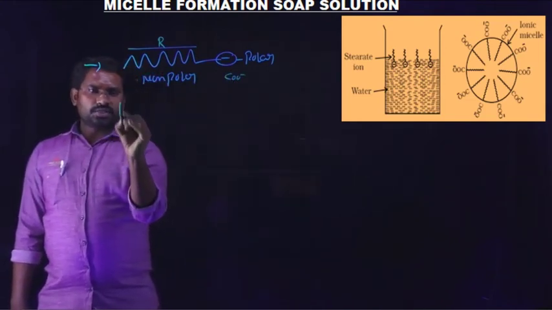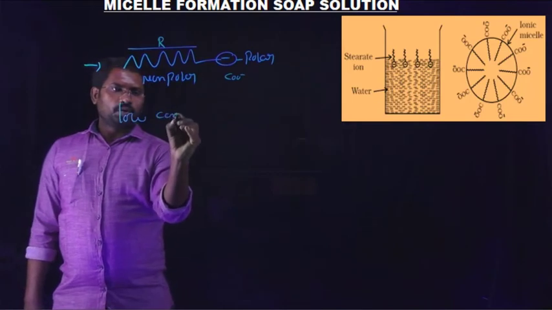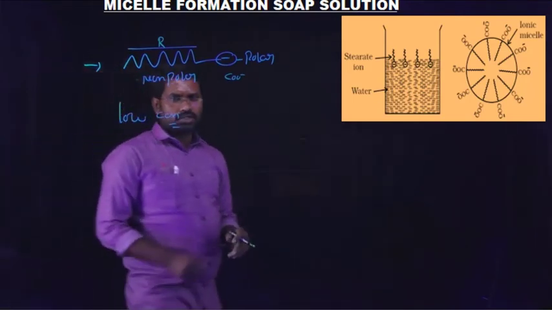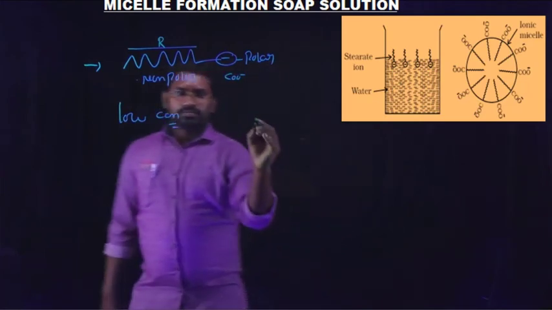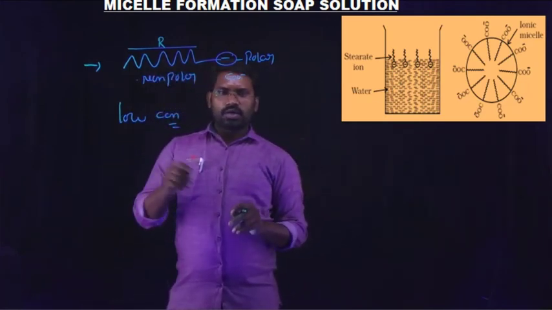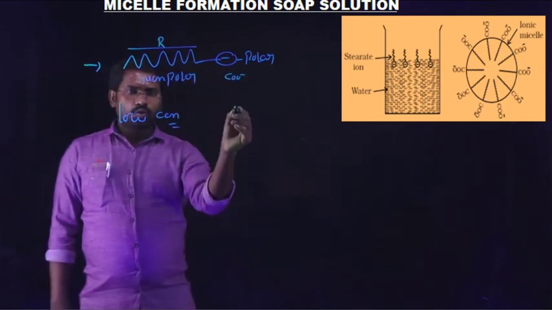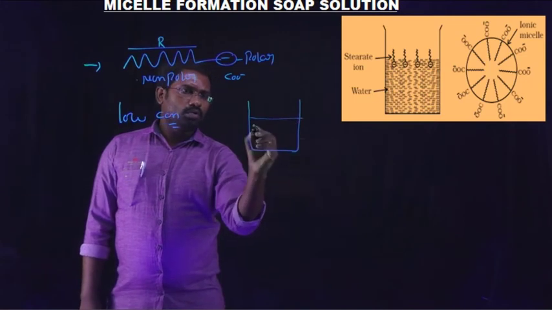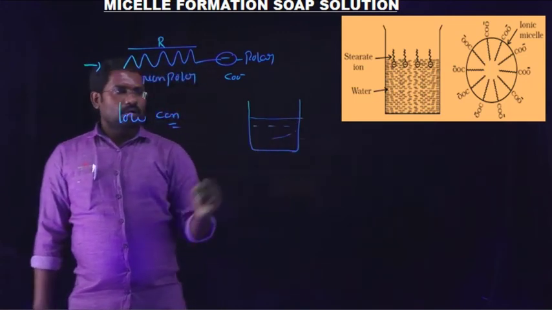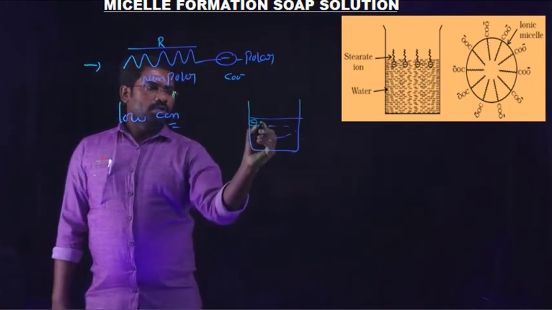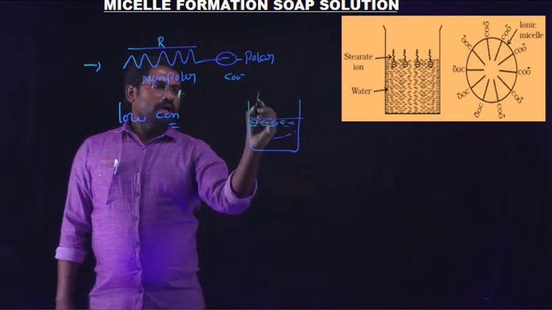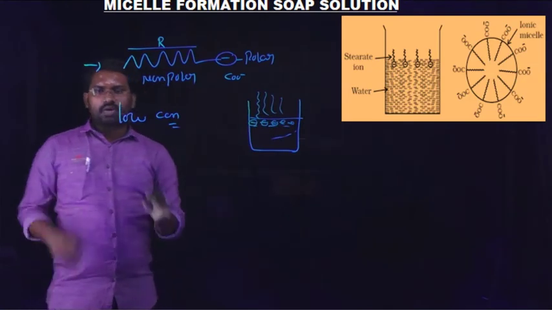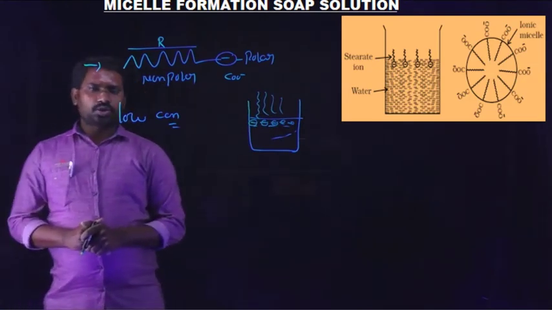At low concentration, as shown in the image, the polar group, for example, this is water, the polar group COO minus is present in the water, and the hydrocarbon chain is present outside of the water, because at low concentration, soap forms a crystalloid.